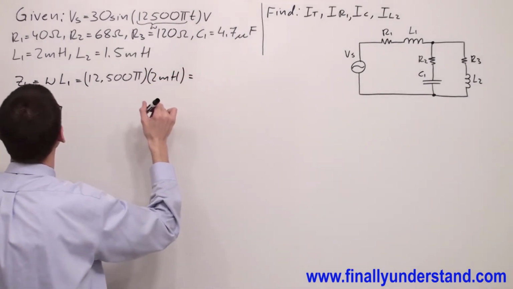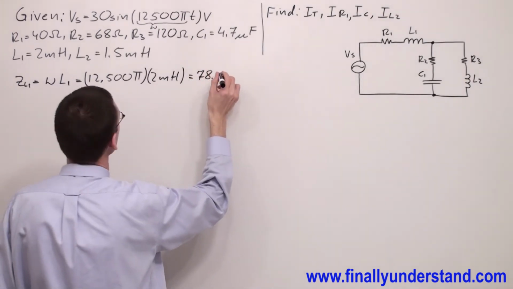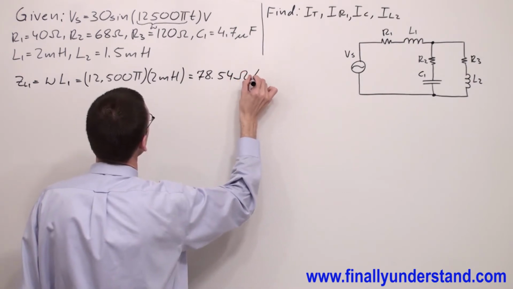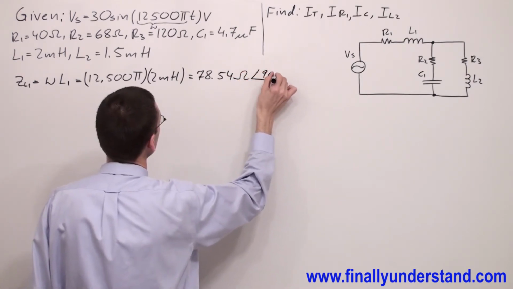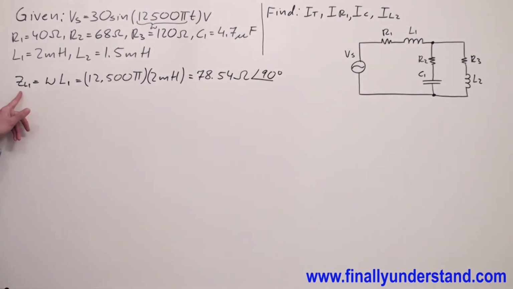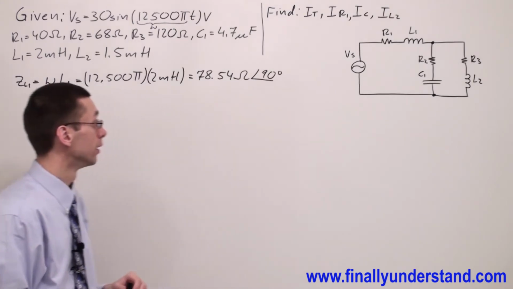Okay, this is equal to 78.54 ohms and angle of 90 degrees. Remember that the impedance of the inductor goes always with angle of 90 degrees.